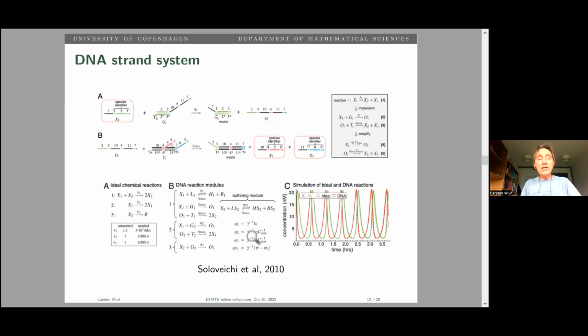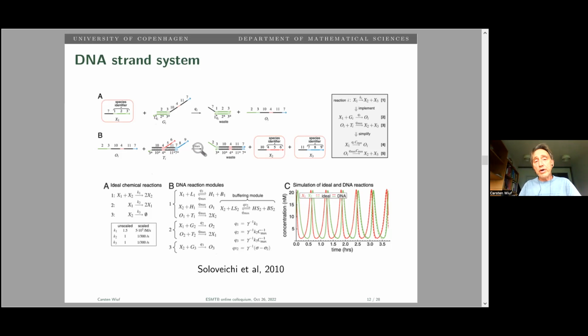And just to end this part, I claimed that one could take a formal reaction network and compile it into a system of DNA strands, and this system could be physically implemented. This is based on a paper by Soloveichik and collaborators in 2010.